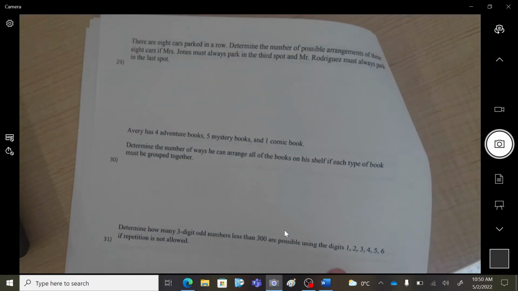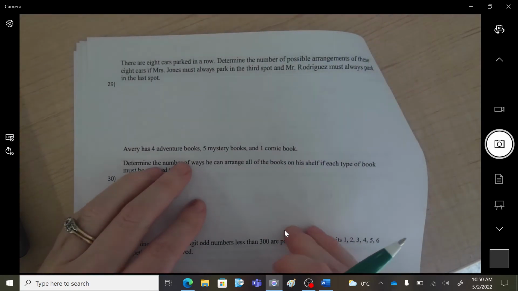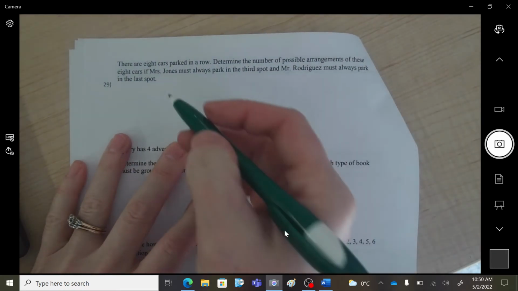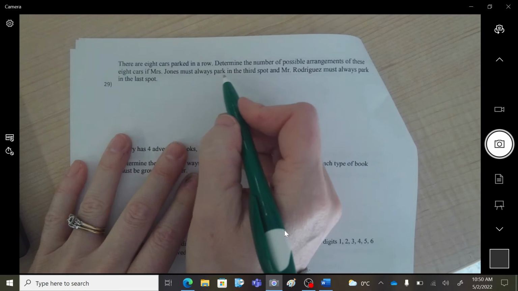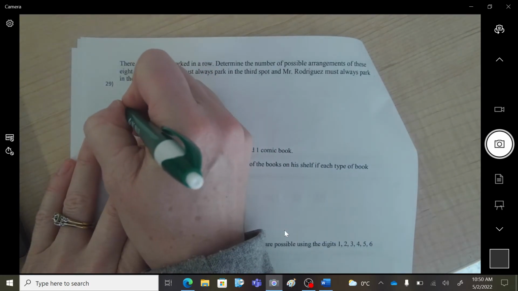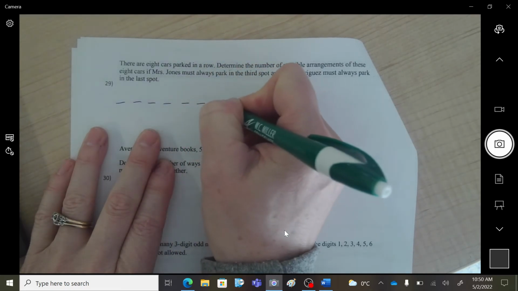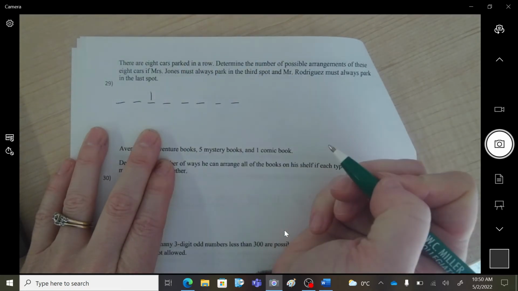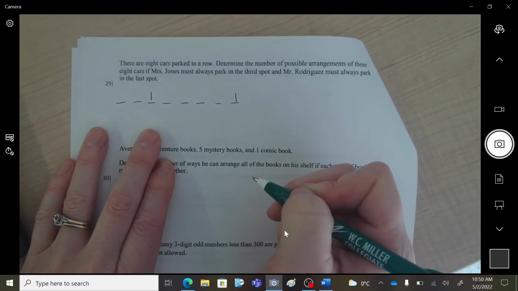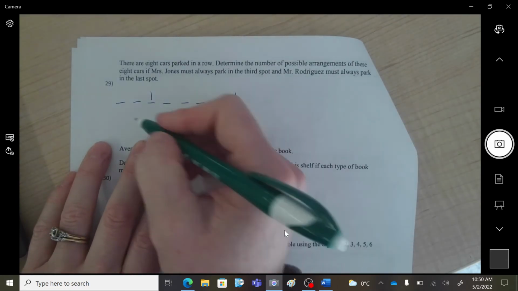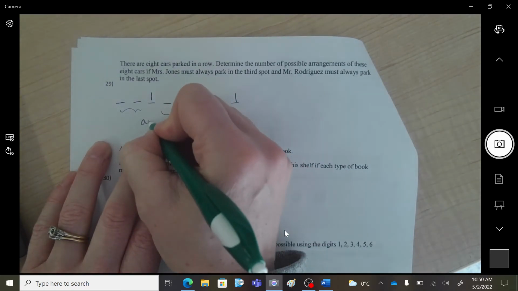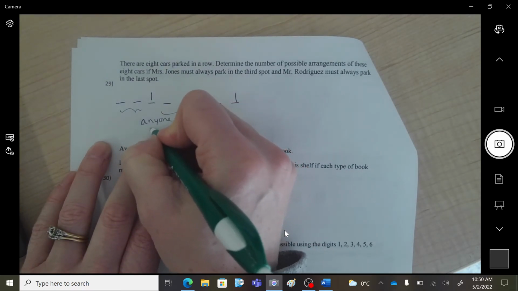Okay, there are 8 cars parked in a row. Determine the number of possible arrangements of these 8 cars, if Mrs. Jones must always park in the 3rd spot and Mr. Rodrigo always in the last. So 1 option in the 3rd position and 1 option in the last position, and then anyone else.